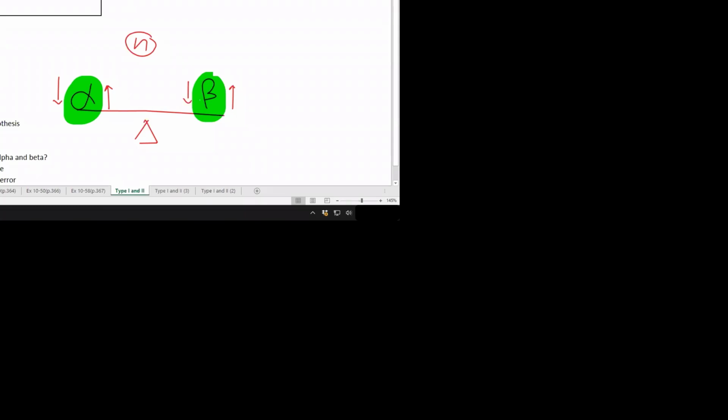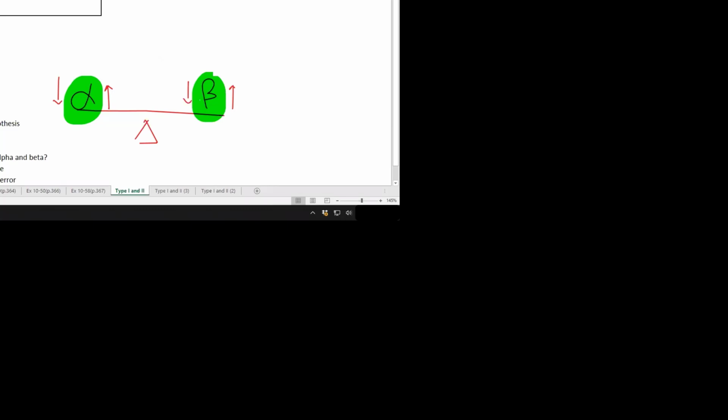So you take a sample, n, and based on this sample, you make a conclusion regarding the null hypothesis. One conclusion would be to reject the null hypothesis, right? The other conclusion could be to fail to reject the null hypothesis.